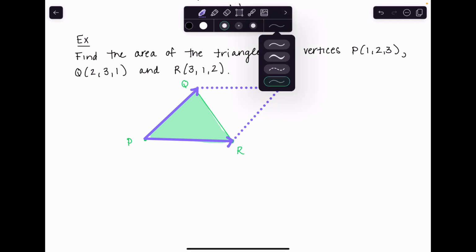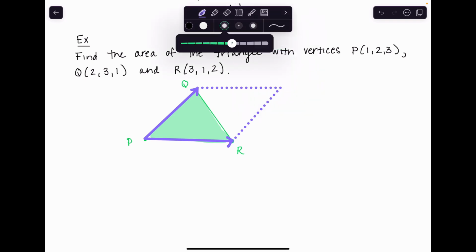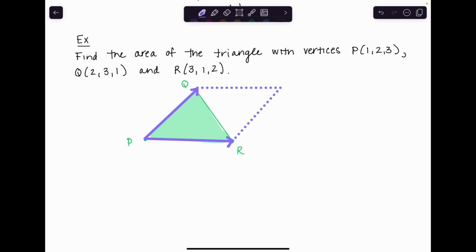If I'm looking for the triangle, all that is half the area of the parallelogram.